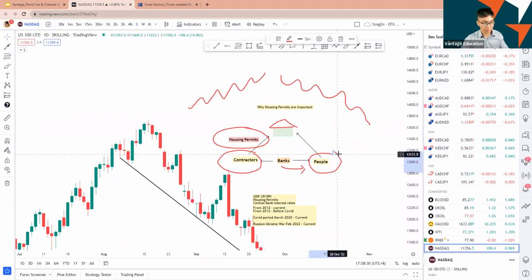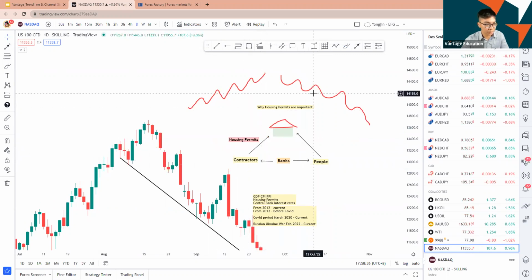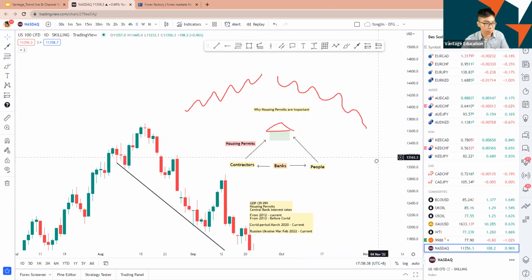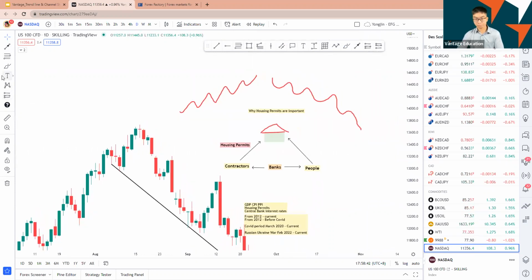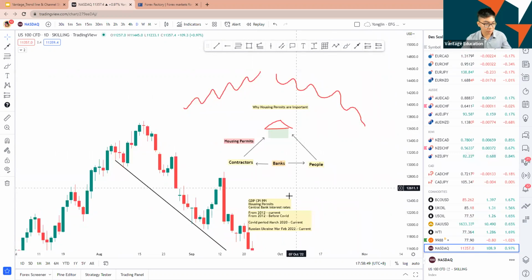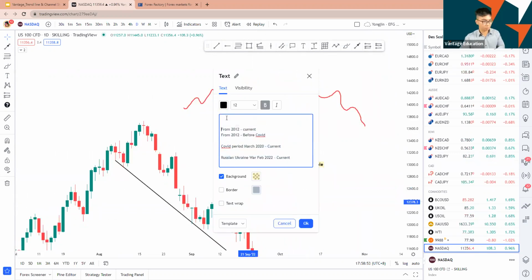It's a nice way to see how housing permits are an indicator for the way banks view the market. Please screenshot this. It's very important. Let me write it. I sort data.